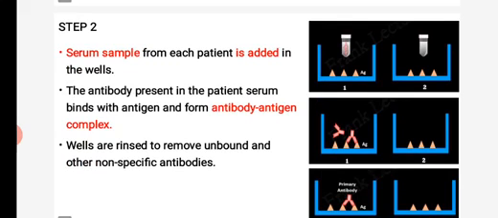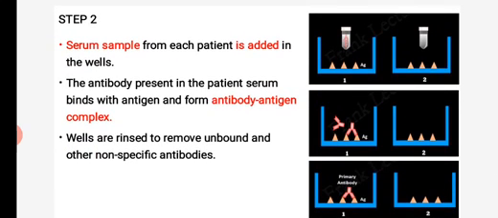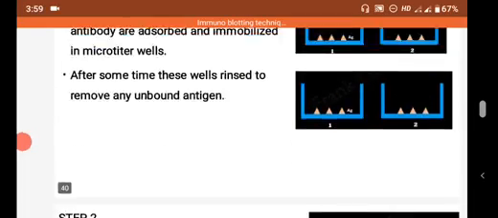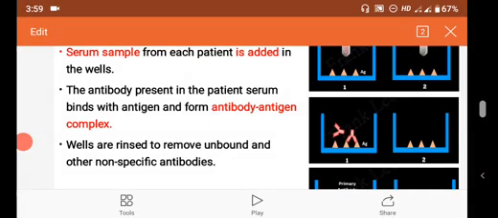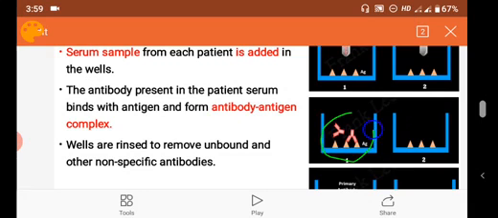Then step 2, serum sample from each patient is added in the wells, that is well 1 and well 2. The antibody present in the patient serum binds with antigen and forms an antigen antibody complex.